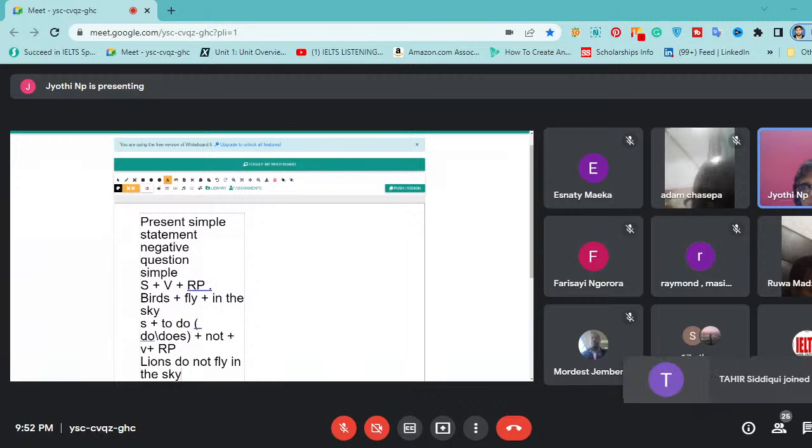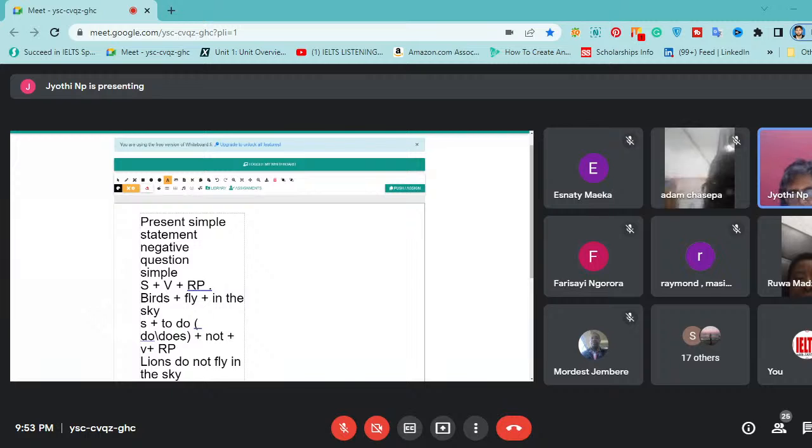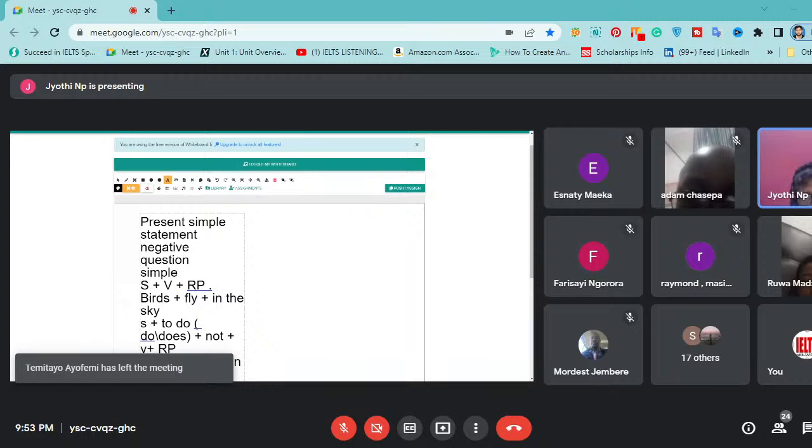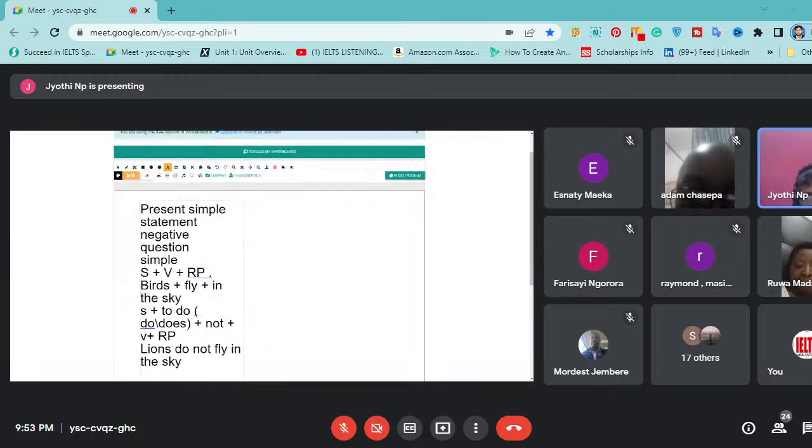Here the subject is lions, then do, because lions is plural, so we are taking the plural linking verb do, then the negative not, and then the remaining part of the sentence, fly in the sky. So this is when we want to make it negative.